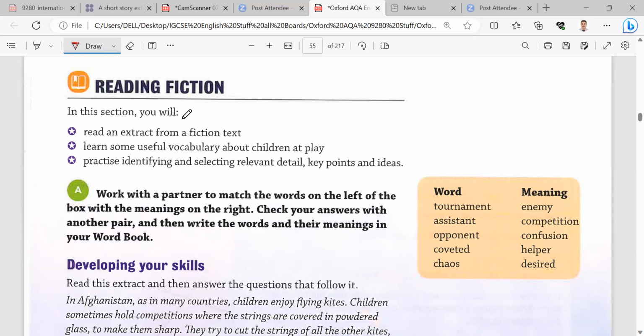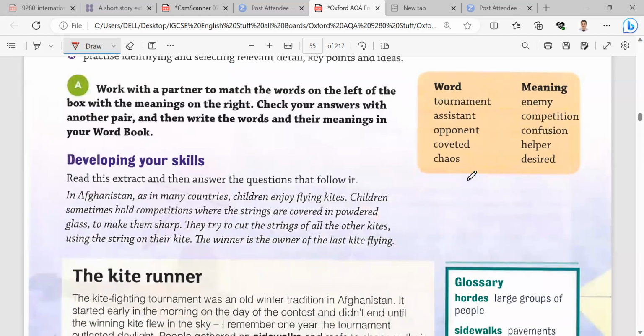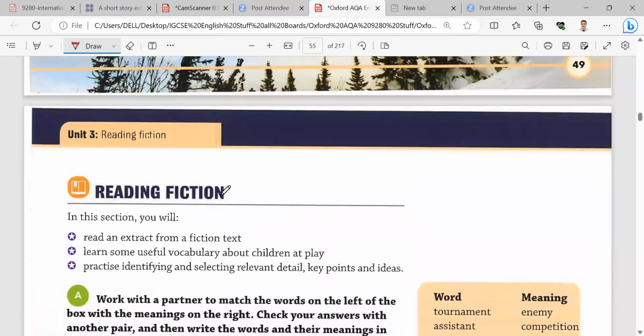Fiction is imagination. Exactly. Not true, not real. Something that comes from literature, which is not true. But non-fiction means true, facts, real details.